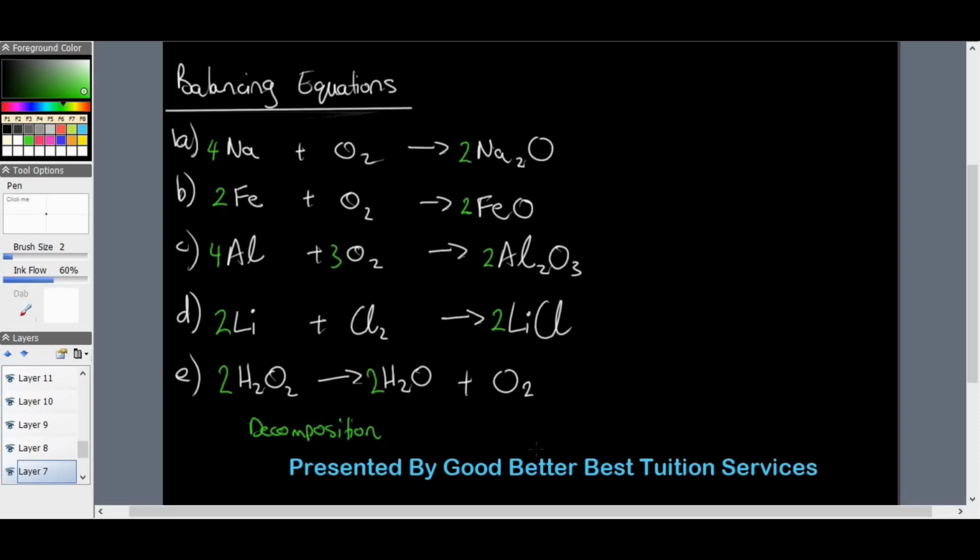Okay, so what we're going to do now is a slight transition. I see we're more comfortable with balancing equations when they are in their chemical form, like here. What happens when we get given a word equation?